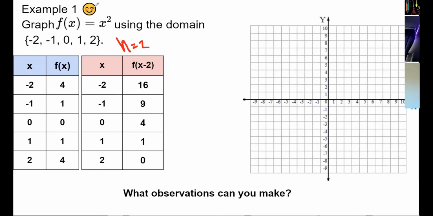I'll graph it in blue so you guys can see it. So our first function at -2, it's +4. At -1, it's +1. At 0, it's 0. At 1, it's +1. At 2, it's +4.